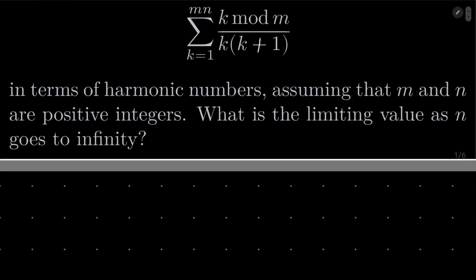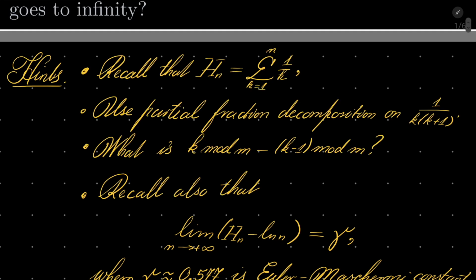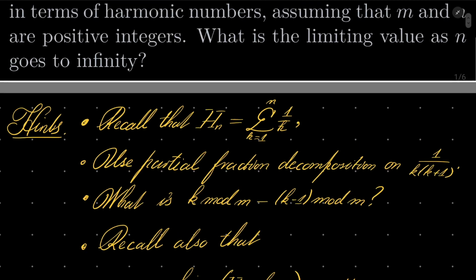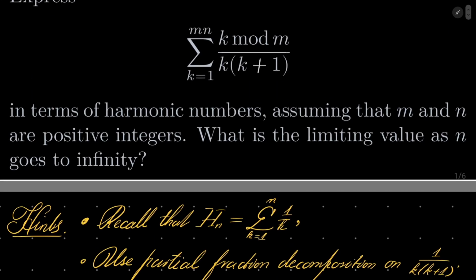So here are my hints for this problem. First, recall that the nth harmonic number is by definition the sum of 1 over k from k equals 1 to n. Then you can notice that we have some kind of denominator in our sum.